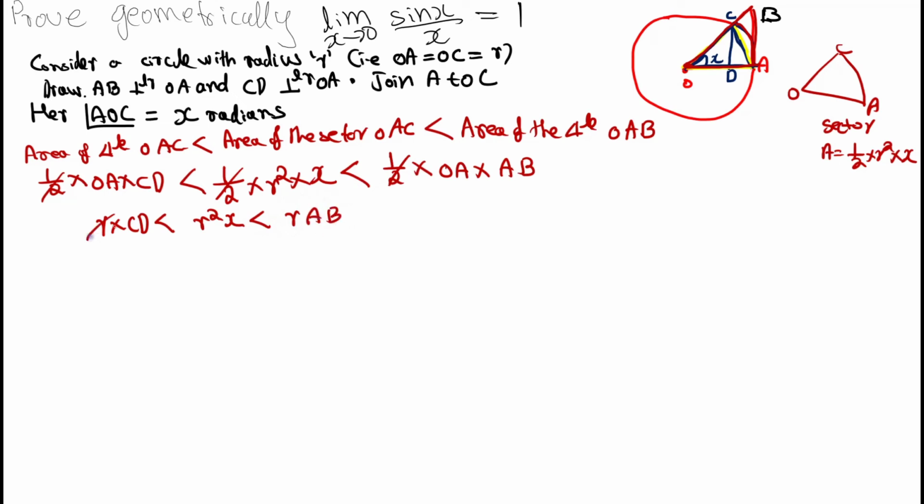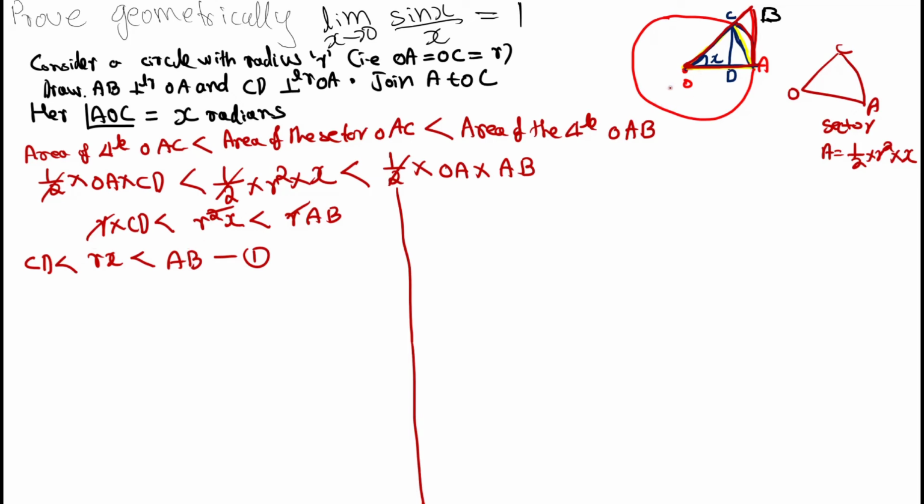Here one R cancels in each term. So the remaining thing is CD, which is less than Rx, because R square is there and we are dividing by only one R, so Rx remains, which is less than the AB value. Take this as equation 1.